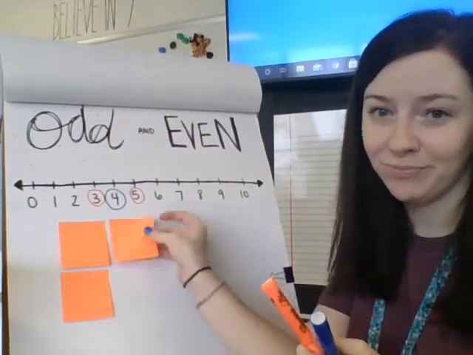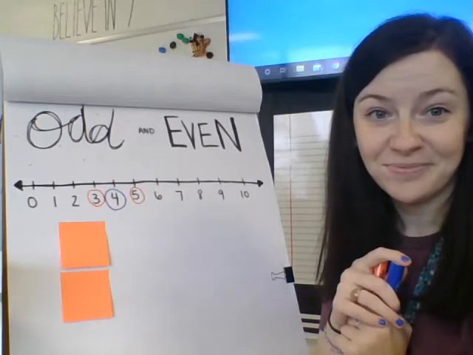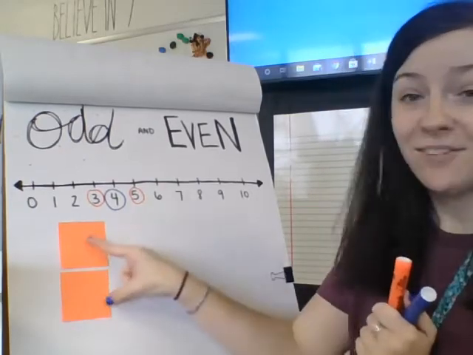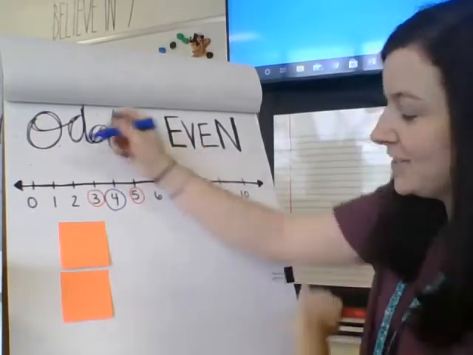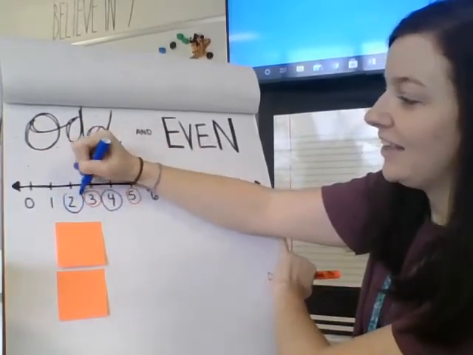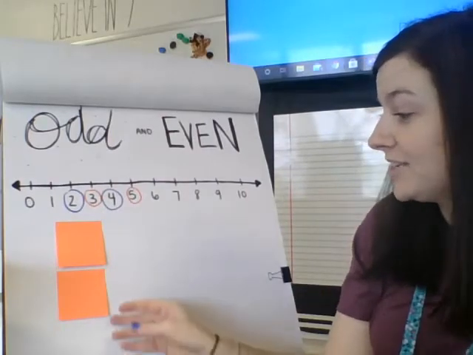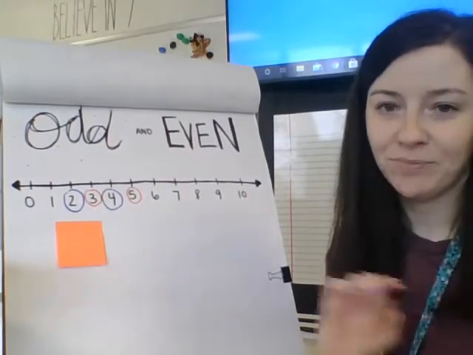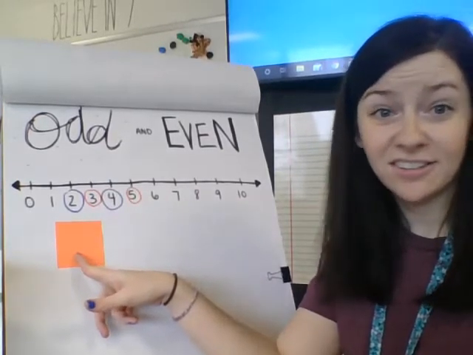If I want to do 2, is 2 an odd or even number? It's even. 2 is an even number because these have pairs. There's only one pair, but there's a pair. So it's going to be even. Then I want to do 1. So let me take another one away. I just have 1. Are there any partners, any pairs? There's not.